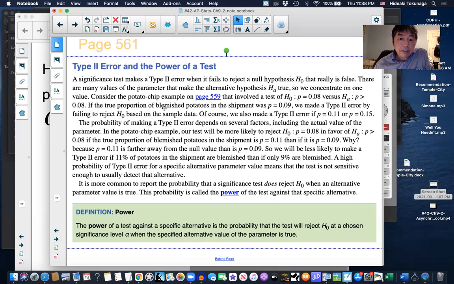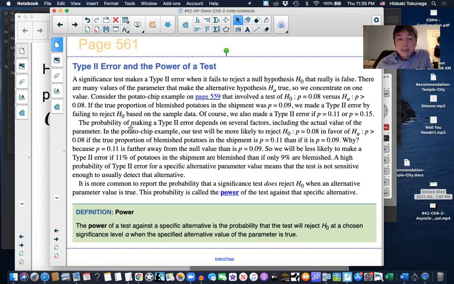Let me read from here. If the true proportion of blemished potatoes in the shipment was 0.09, we made a type 2 error by failing to reject the null hypothesis based on the sample data. Of course, we also made a type 2 error if the proportion is 0.11 or 0.15.